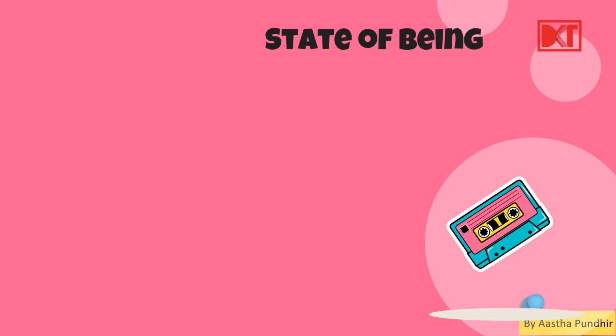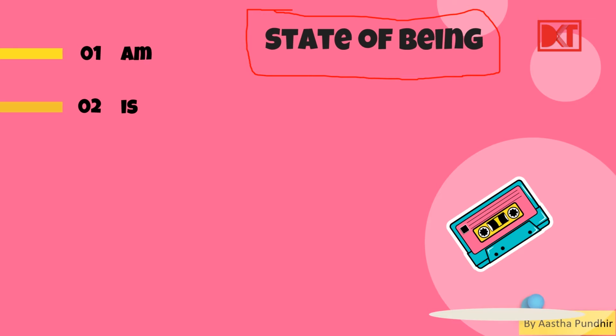Now another one is the state of being. The words that represent a state of being, like am, is. So these kind of words show some kind of state of being. For example, if I say I am a girl, I am expressing me being a girl.